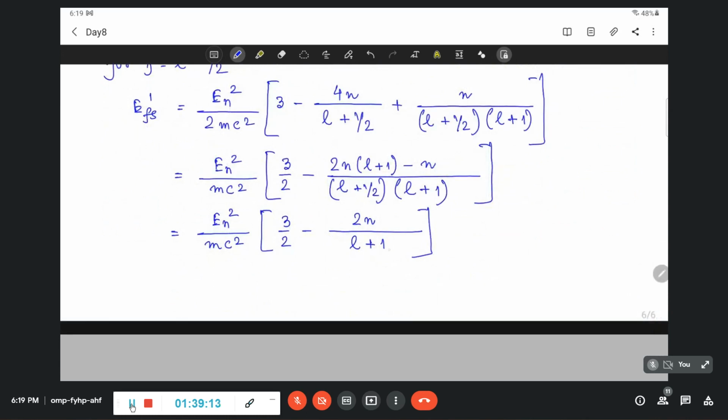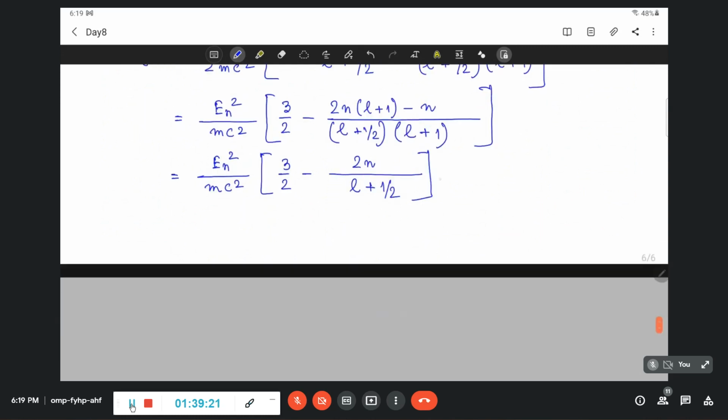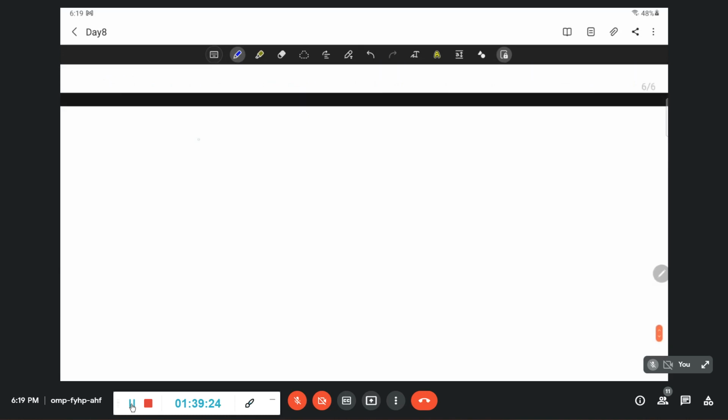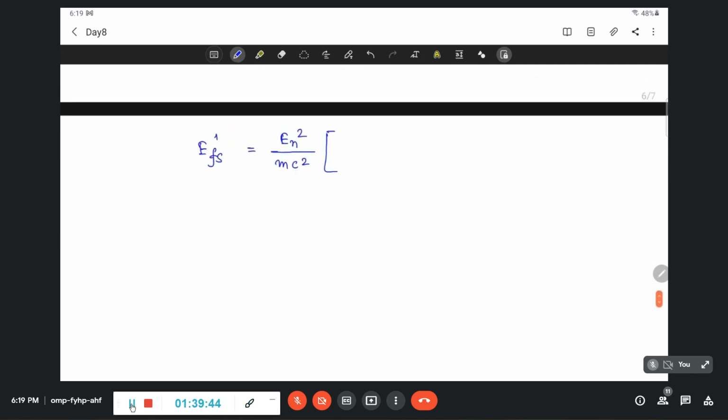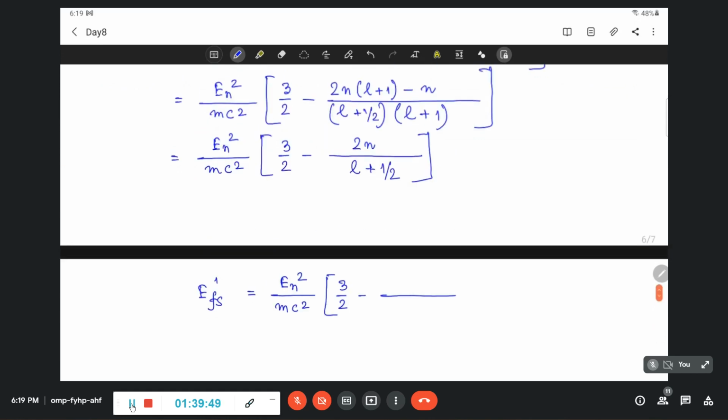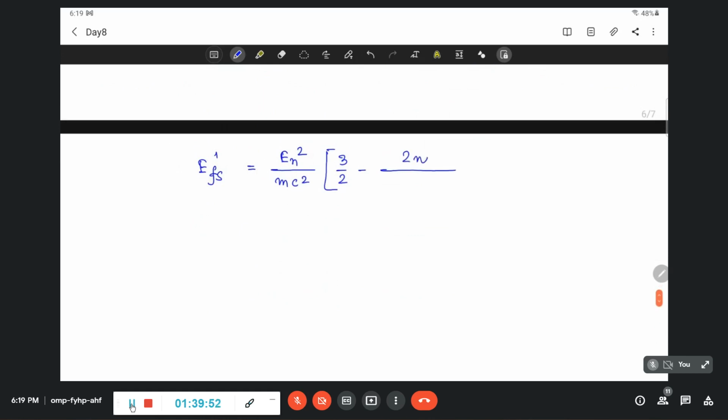So this becomes L plus half, right? And let's make it a page: this will be E fine structure 1 equals En squared by mc squared times 3 by 2 minus 2n.